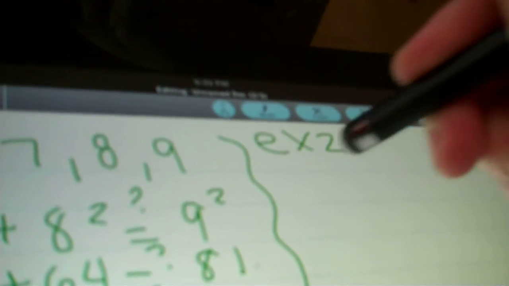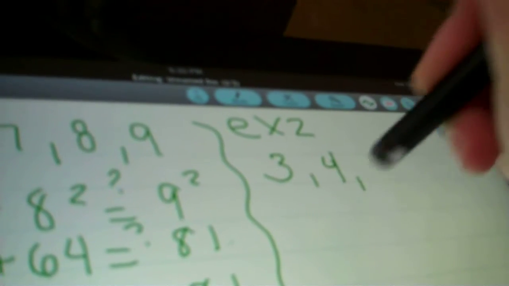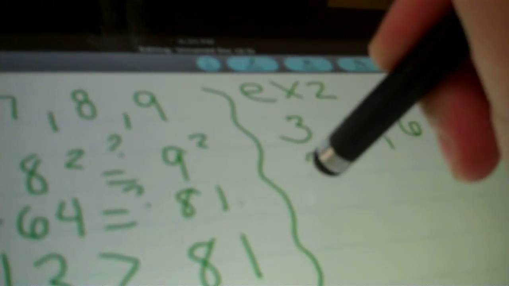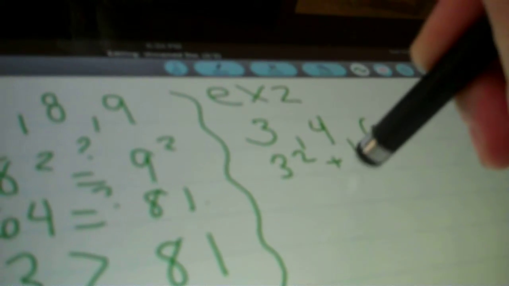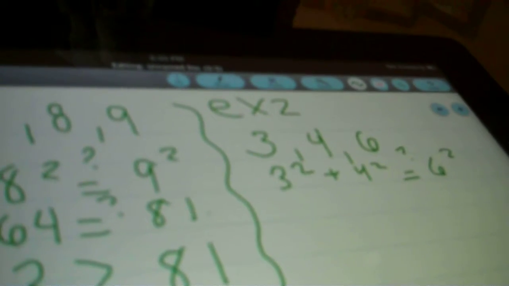All right, let's do example 2. We'll do, let's see, 3, 4, and 6. So again, my a and my b have to be my two smaller numbers, so I'm going to do 3 squared plus 4 squared, and does that equal 6 squared? Question mark.